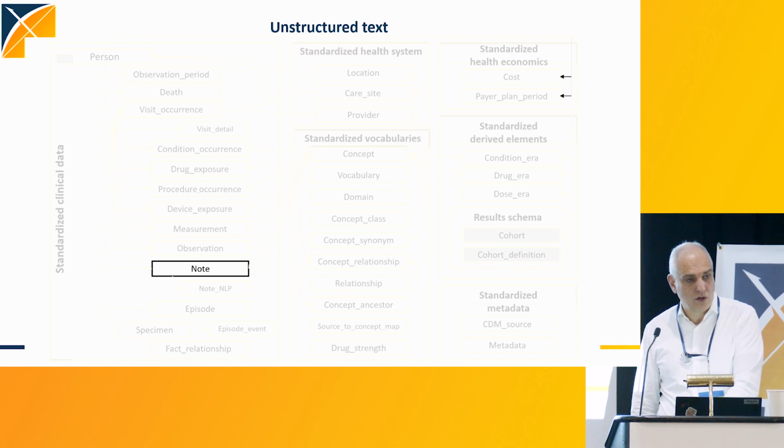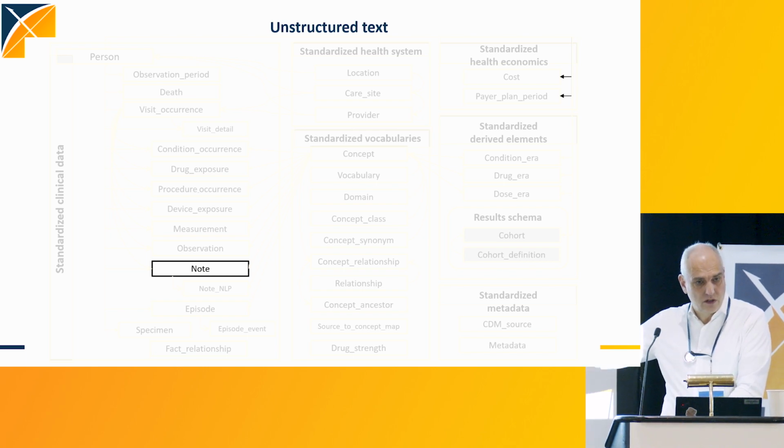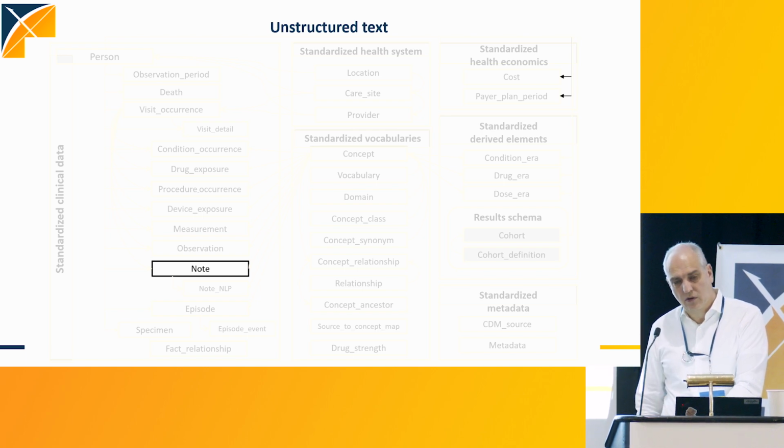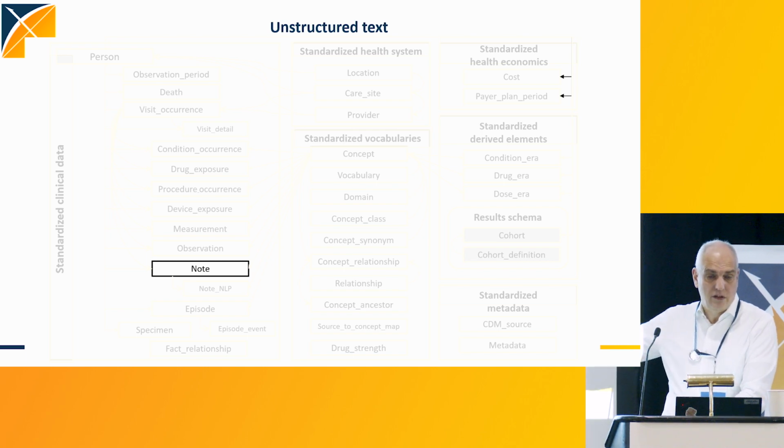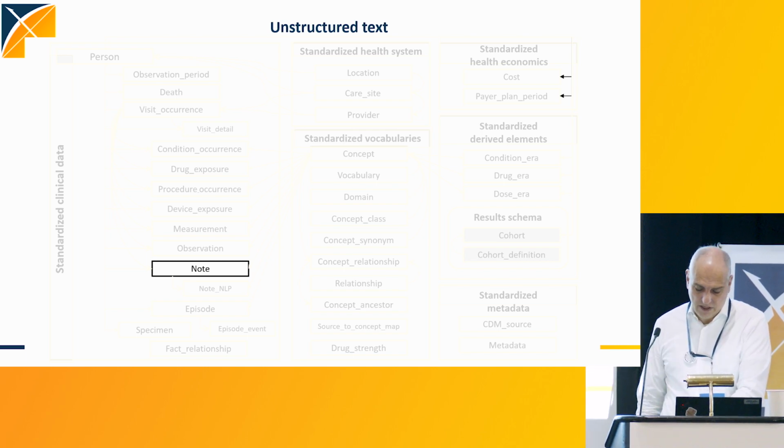And then there's the exception with text. There's a table called Note where you put those blurbs, those texts in. But usually the purpose of having this in OMOP is to run computer programs called NLP, natural language processing, to get the stuff out and have it in a structured form.